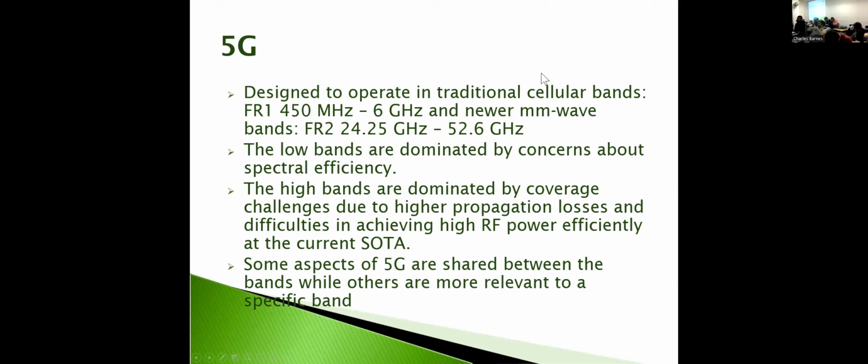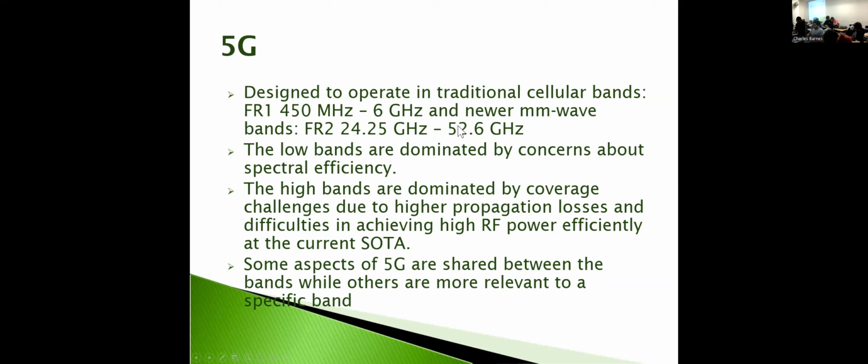But 5G has got its eyes on them, and some bands are available in some areas. So that's what's going on there. Some of the aspects of 5G are shared between bands, while others are more relevant to a specific band. And when I say band, it's the low band or the high band.